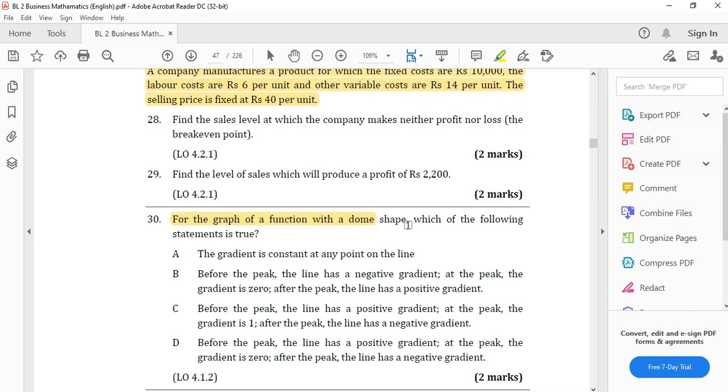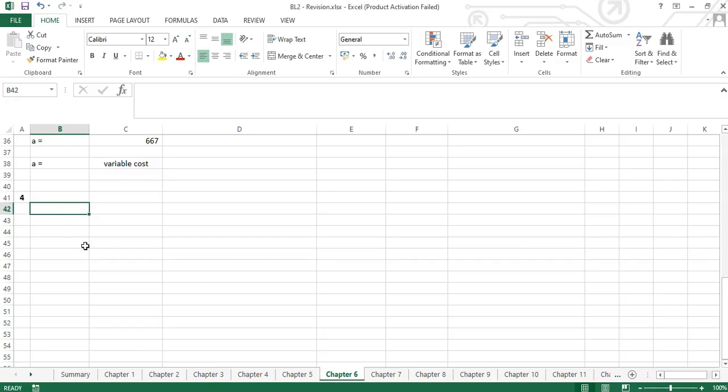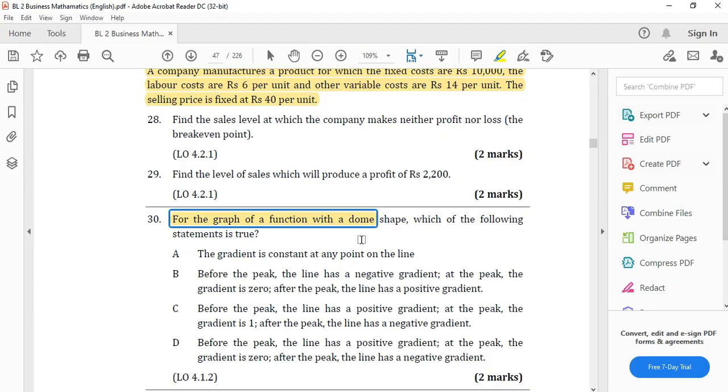Now, what does a dome shape look like? Dome shape is basically a curve. Your total cost curve moves upwards as a curve.